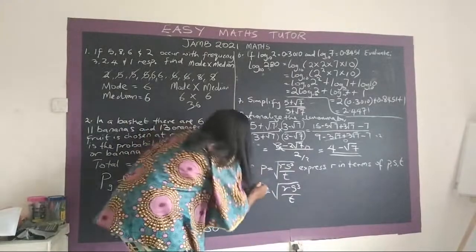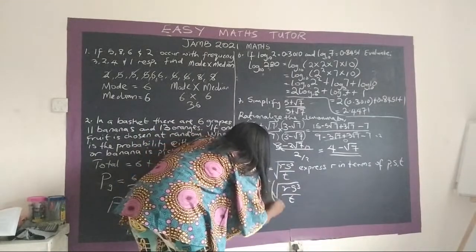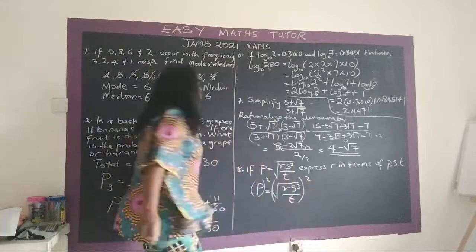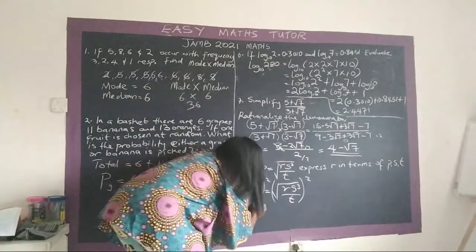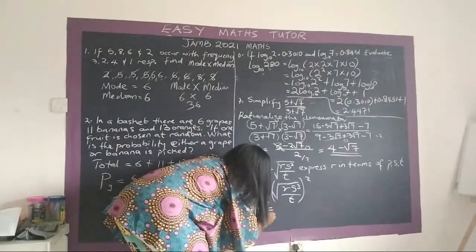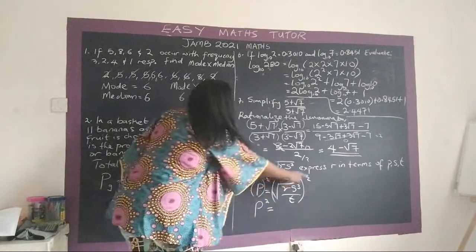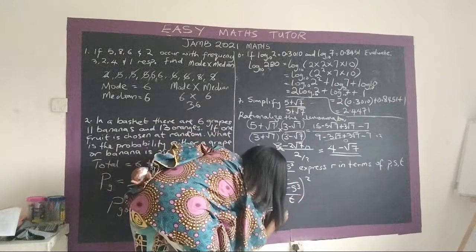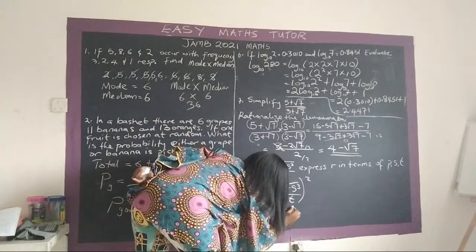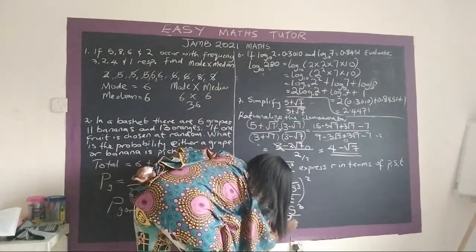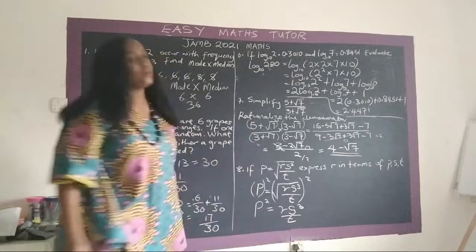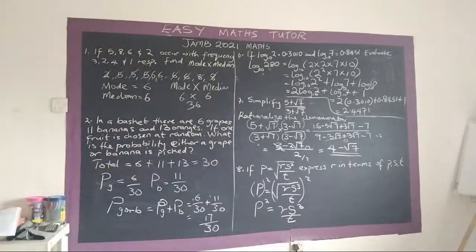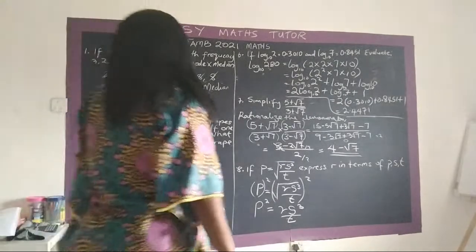Squaring both sides will give us P squared equal to r s cubed over t, since the square cancels out the square root.